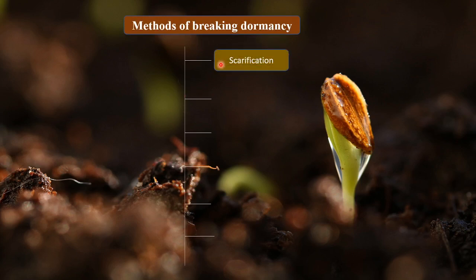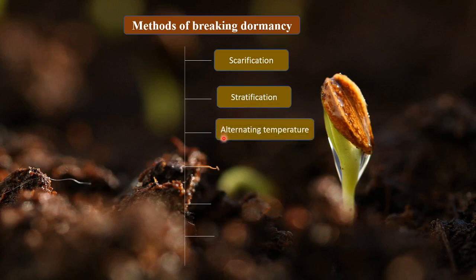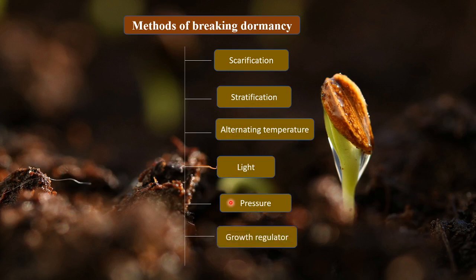These are scarification, stratification, alternating temperature, light, pressure, and growth regulators, right? So any one of these methods can be employed to break the dormancy, or sometimes even a combination of these 2 or 3 methods can be used together to break the dormancy so that the seeds can germinate, right?